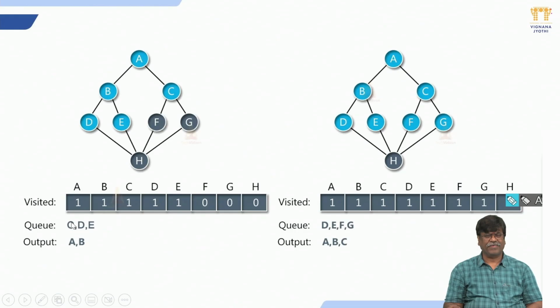That is C. So take C and identify the non-visited adjacents. What I am having are F and G. So now you can visit F, G and make these two as visited and add this F, G to the queue, and C is sent for the output.